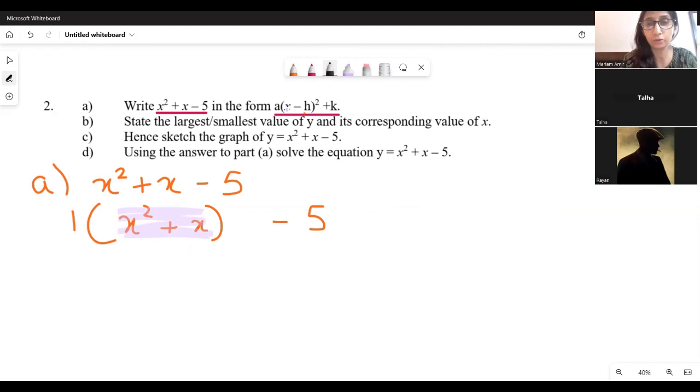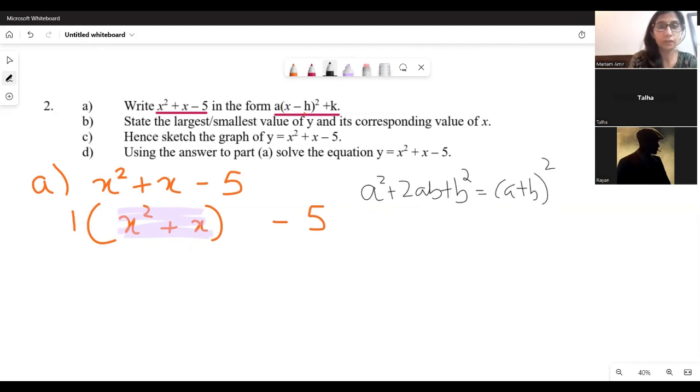That will be done by using this identity, a square plus 2ab plus b square, which equals (a plus b) whole square, right?